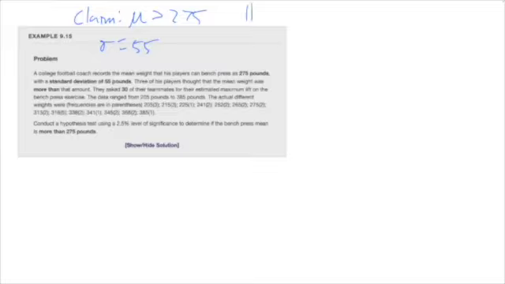That does not have an equals to. So that's our alternative hypothesis. The null hypothesis has to be contradictory to that. So contradictory to that would be that the mean is less than or equal to 275. We know the population standard deviation is 55. So this is a z-test, same as before.